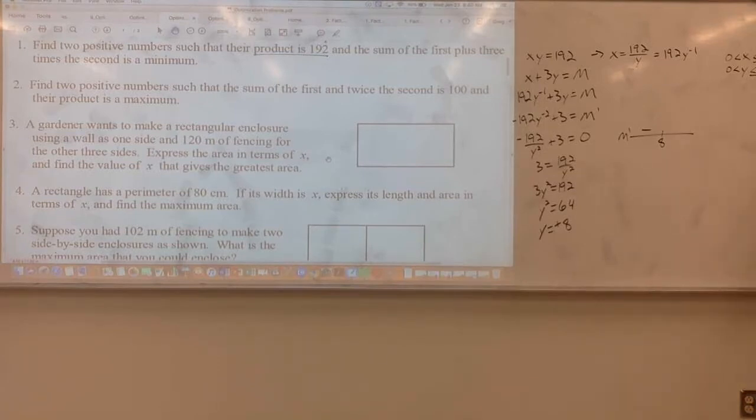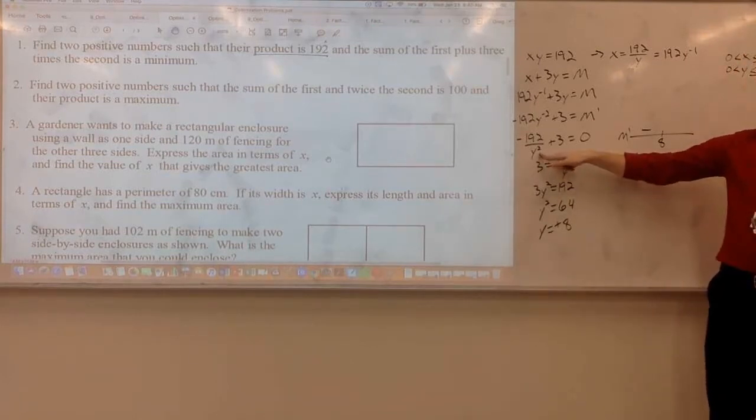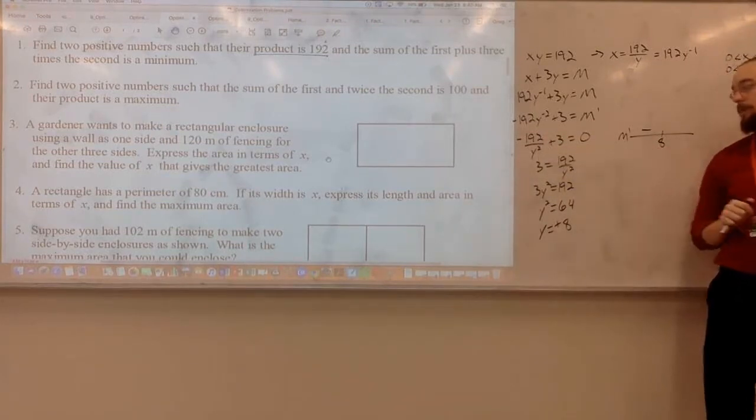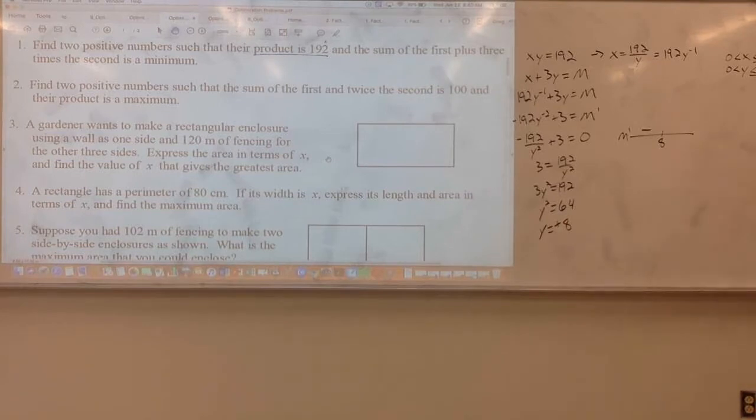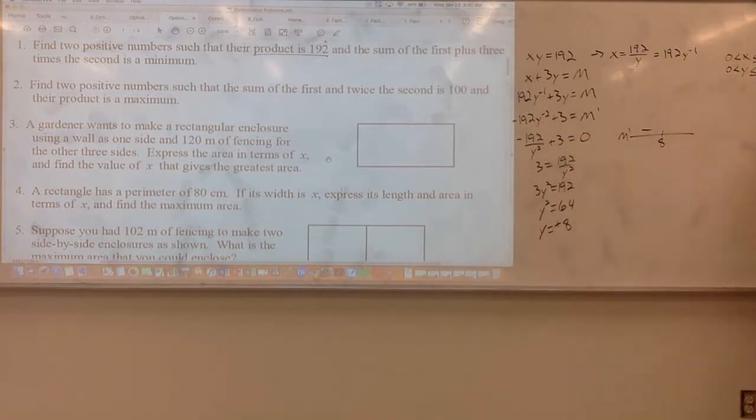If I take a value greater than 8, say 10, negative 192 divided by 100 would be negative 1.92 plus 3, which is going to get me a positive number. So is this a minimum or a maximum? It's a min, right? I'm changing from decreasing to increasing.